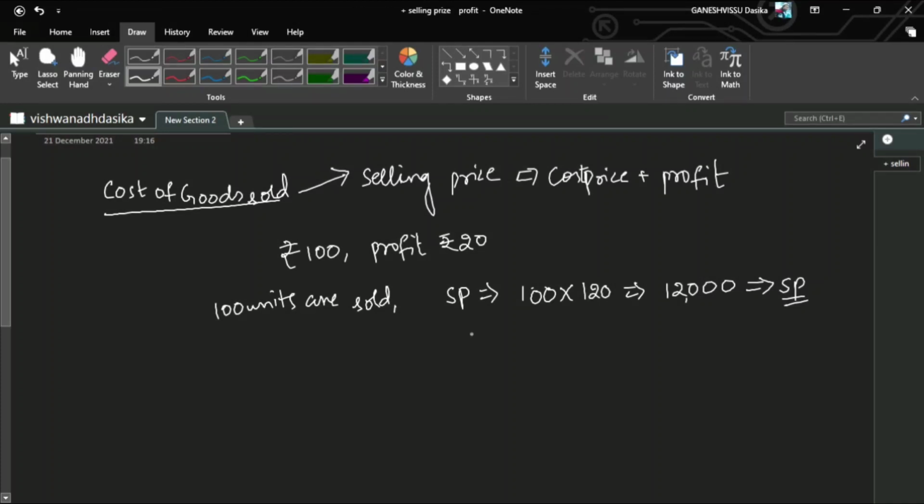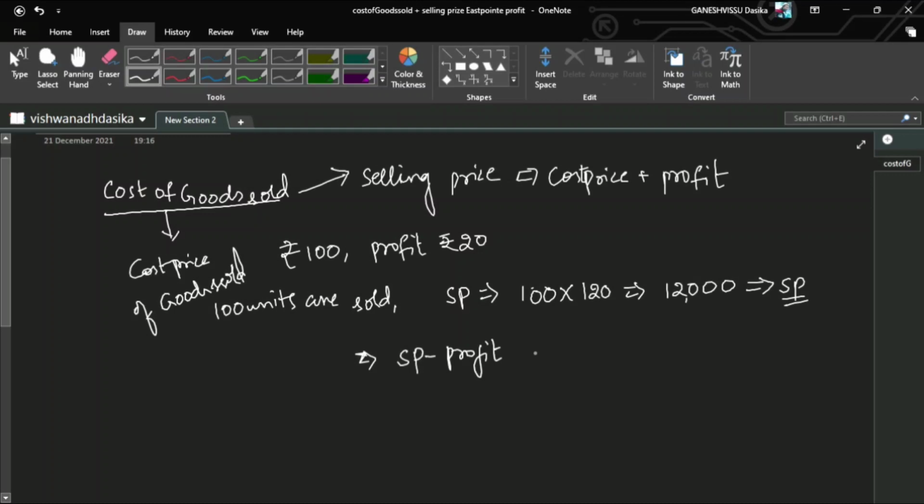But I want the cost of goods sold, that means the cost price of goods sold. The cost price of goods sold would be selling price minus profit. That is, if we take 12,000 and subtract 2,000, we get 10,000 rupees.